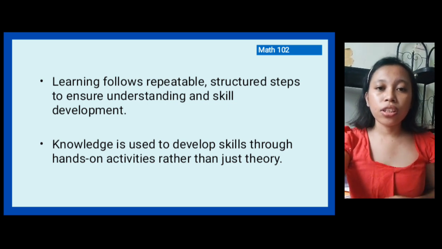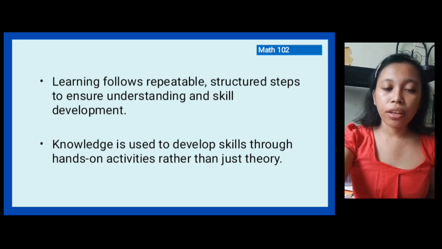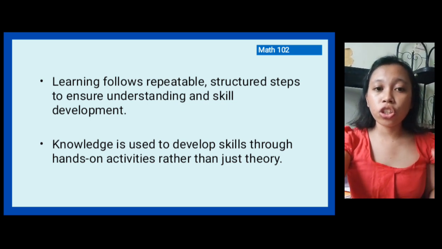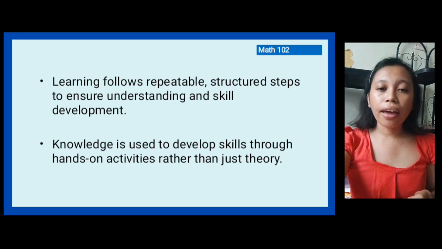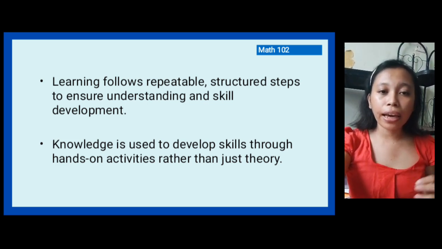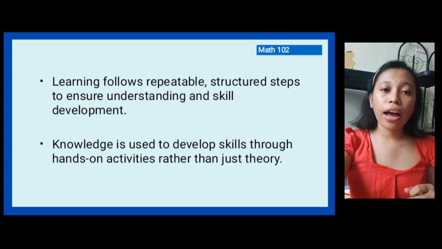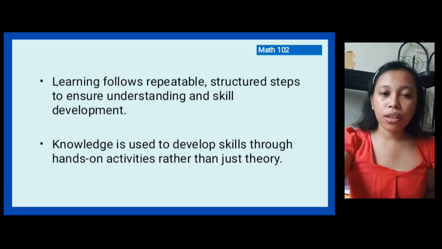Okay, knowledge is used to develop skills through hands-on activities rather than just theory. It emphasizes teaching practical skills and knowledge that children can directly apply to their lives. It also prioritizes hands-on learning and real world experiences.